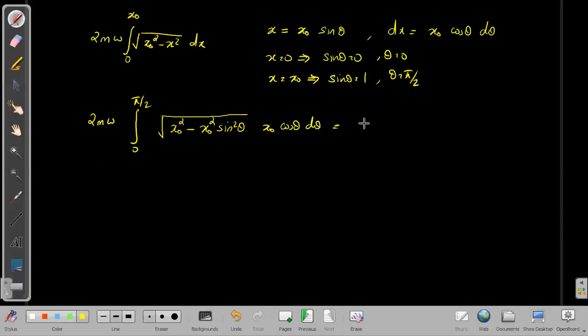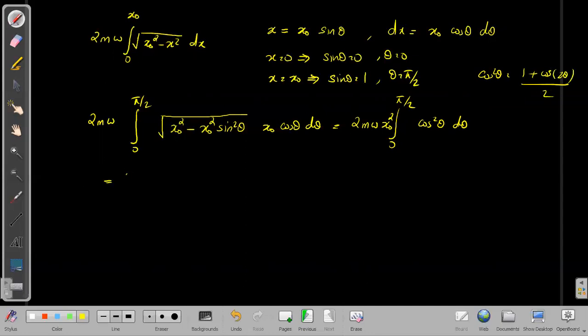So that becomes 2 m omega times the integral from 0 to pi by 2. x0 can be taken outside, so x0 square will come out. And 1 minus sine square theta is cos square theta, so we get cos square theta d theta, and cos square theta is (1 plus cos of 2 theta) by 2.